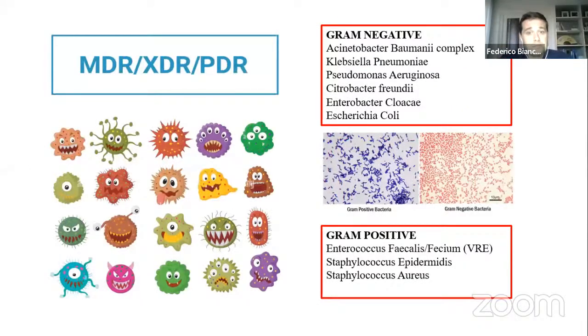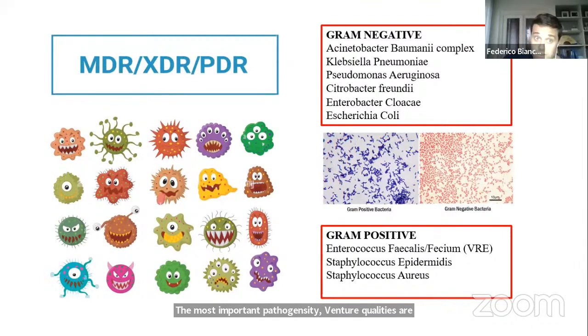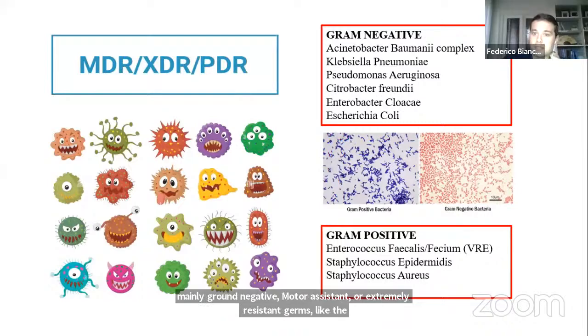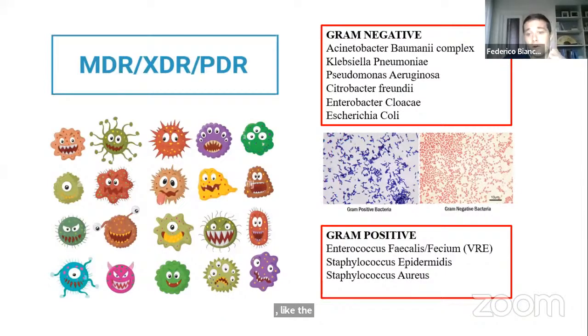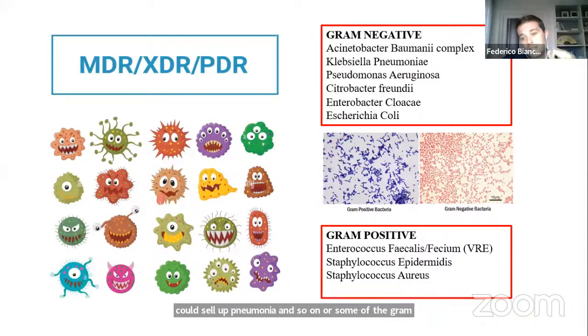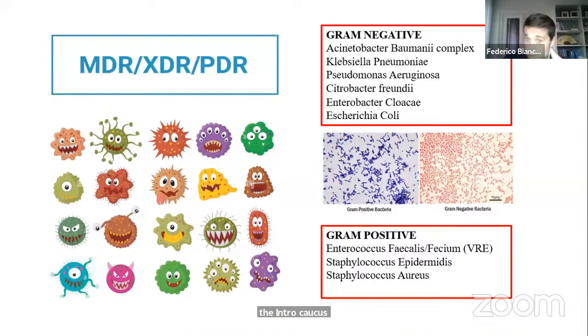The most important pathogens in ventriculitis are mainly gram-negative, multi-resistant or extremely resistant germs like the Acinetobacter baumannii complex, Klebsiella pneumoniae, and so on. Among the gram-positives, it's worth remembering the Enterococcus faecalis resistant to vancomycin, which might represent a very difficult enemy to battle against.